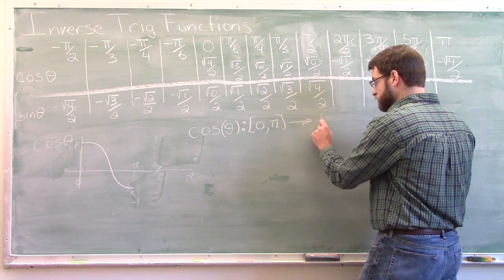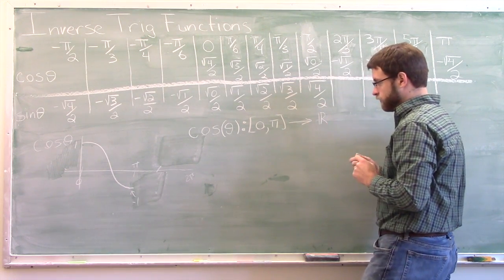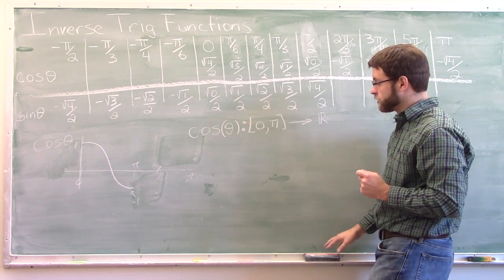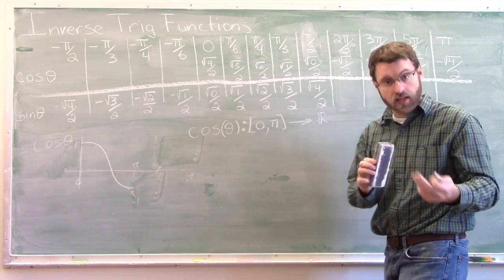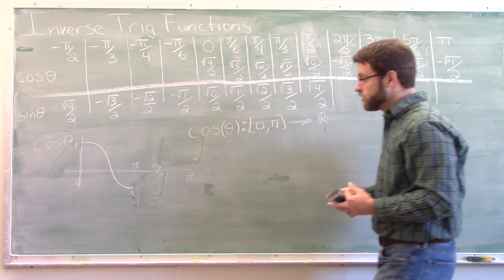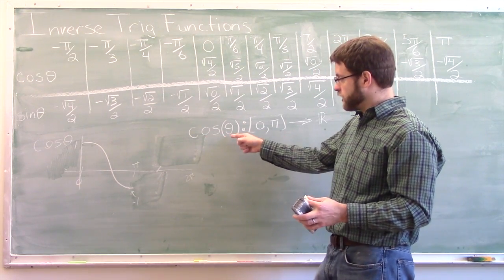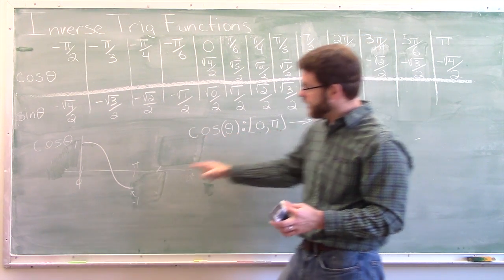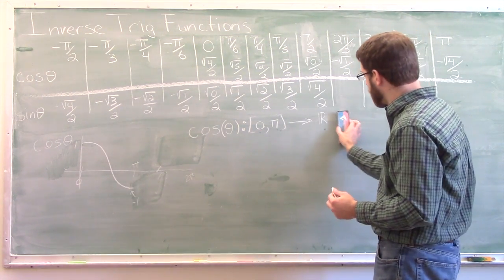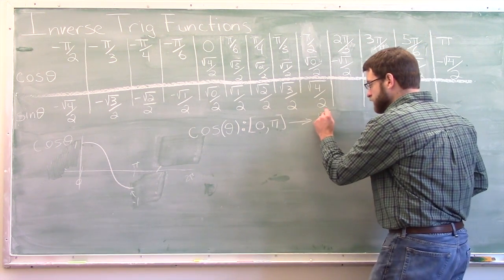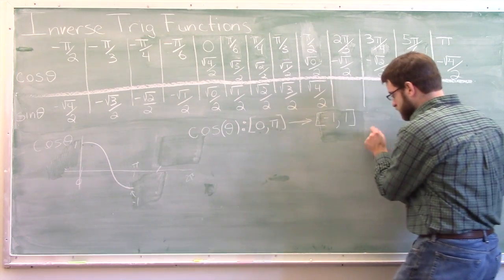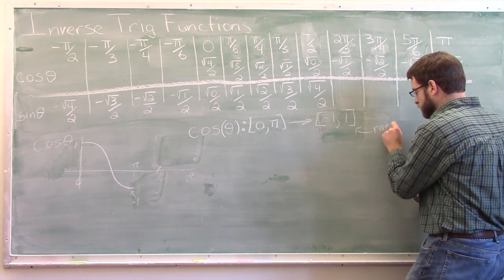If all I need to do is specify codomain, then I can say that the cosine function maps the interval from 0 to pi into the real numbers. But if I want to be more specific, and that's going to be really helpful here, I'll specify the range more carefully. The actual outputs of cosine for the domain from 0 to pi vary from negative 1 to 1. So I can say that cosine takes the interval from 0 to pi and maps it into the interval from negative 1 to 1. This is actually the range of this function.